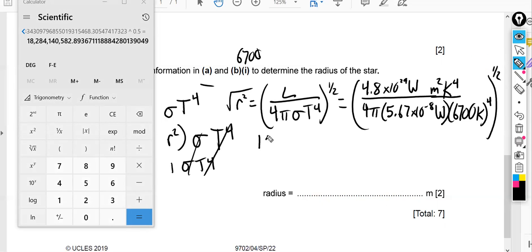My calculator shows me 18,284,140,583, rounded to the ones place. And so this is going to be 1.8 by 10 to the 10 meters.